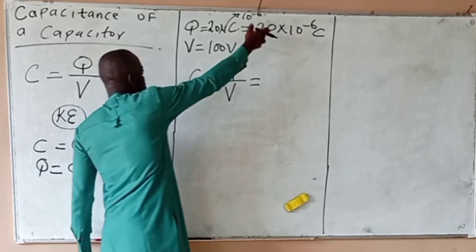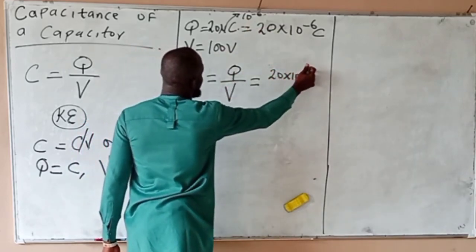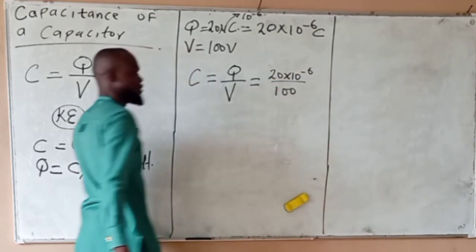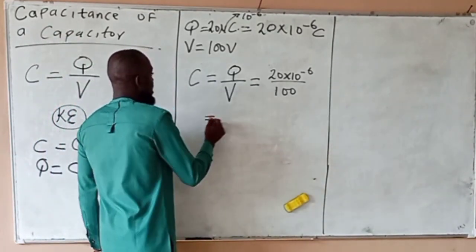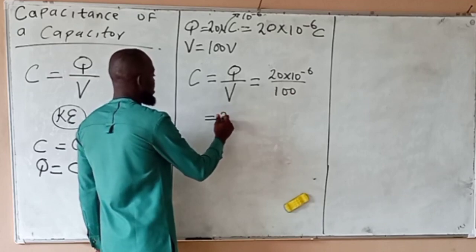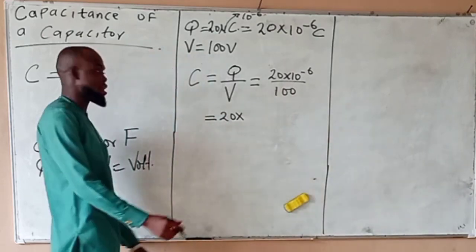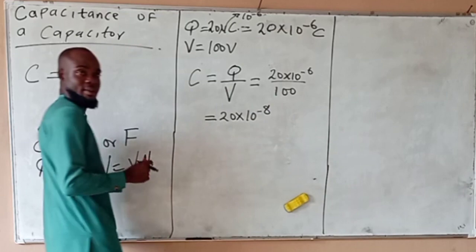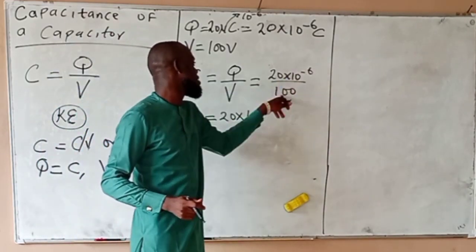So if you substitute the values now, we have 20 times 10 raised to the power minus 6 over 100. So this is equal to 20 times 10 raised to the power minus 6 divided by 10 raised to the power 2.